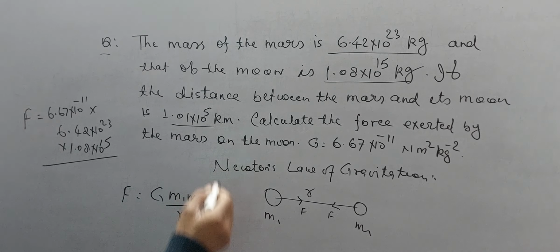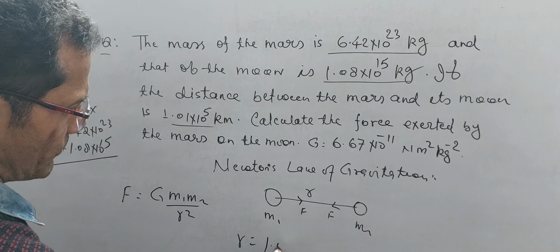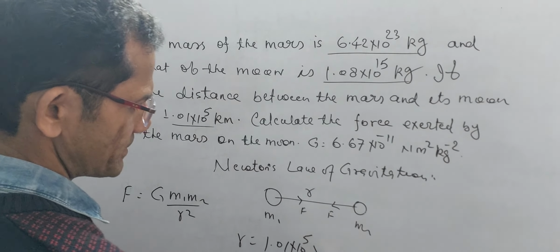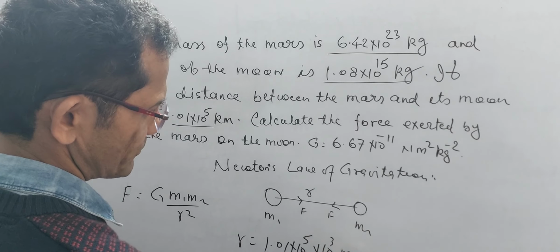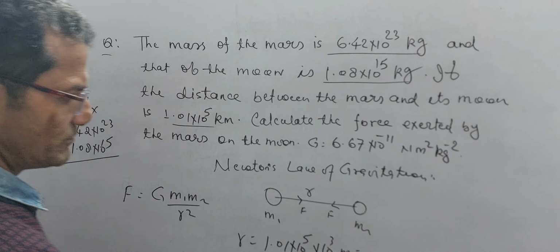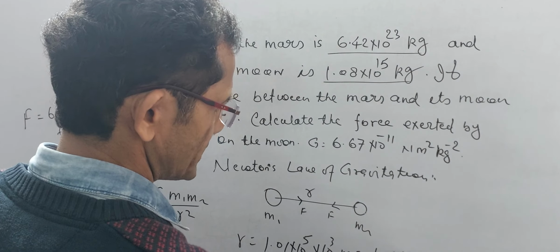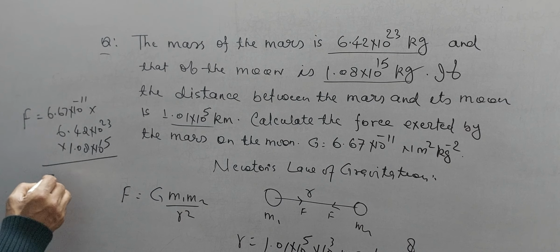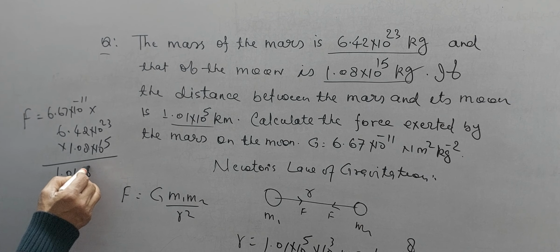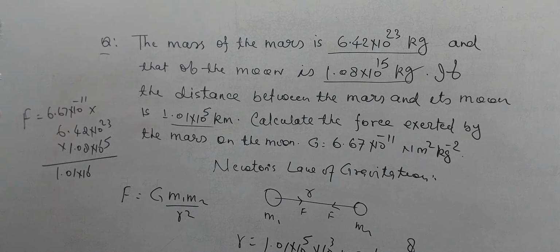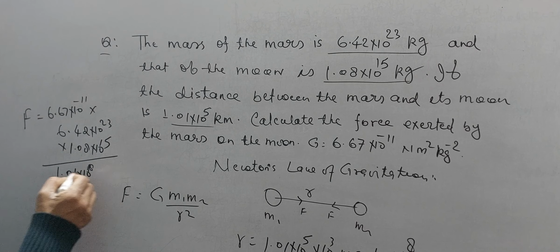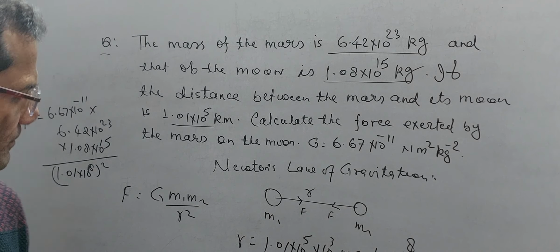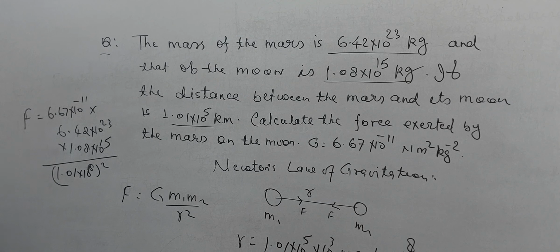The distance between them is r. Here r is given as 1.015 kilometer. You know 1 kilometer is 1000 meter. Finally, the distance between Mars and the Moon is 1.01 times 10 raised to the power 8 meter. If I put these values here and simplify, we will get the force.